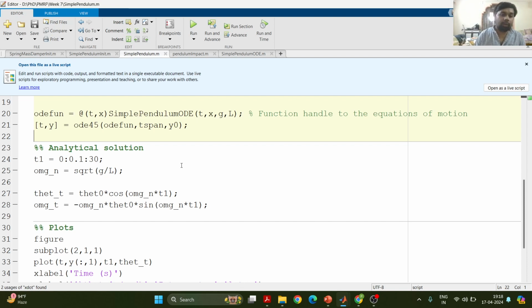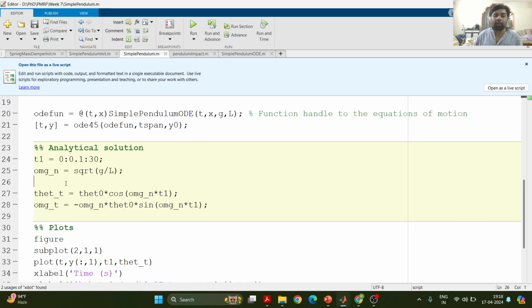Another thing I have done here is that we have the analytical solution for the small angle approximation, where we assume that sine theta is nearly equal to theta. Then we get a sinusoidal solution, because the differential equation becomes theta double dot is equal to minus g by L theta.